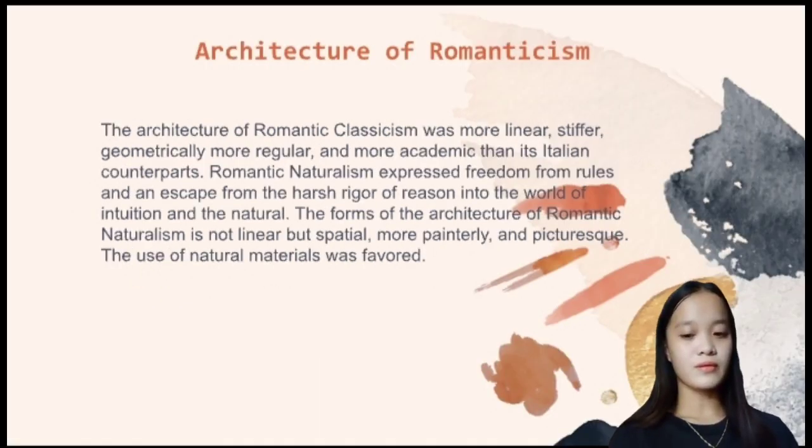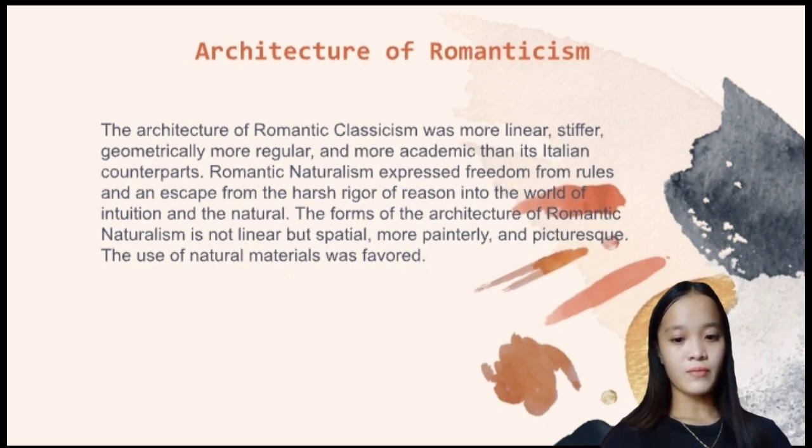So the next one is architecture of Romanticism. The architecture of Romantic Classicism was more linear, stricter, geometrically more regular, and more academic than its Italian counterparts. Romantic naturalism expressed freedom from rules and an escape from the harsh rigor of reason into the world of intuition and the natural.